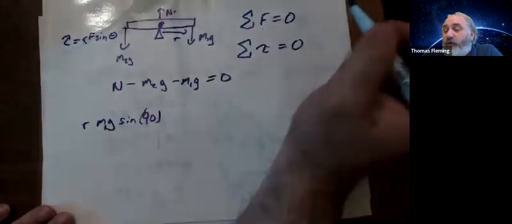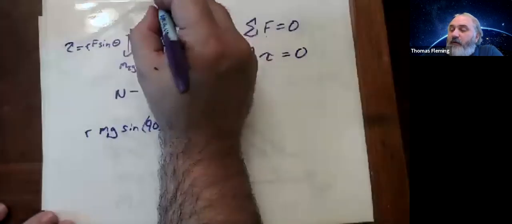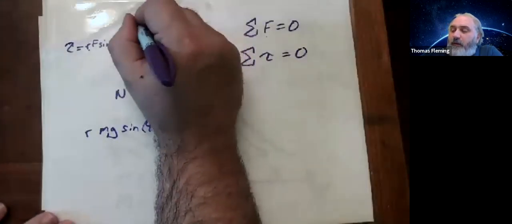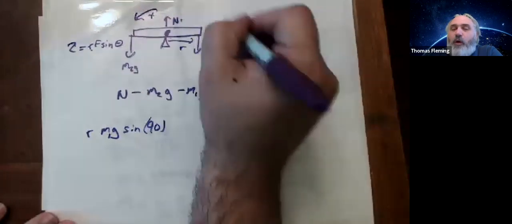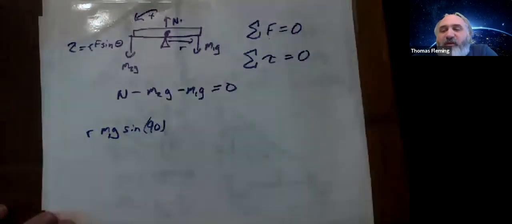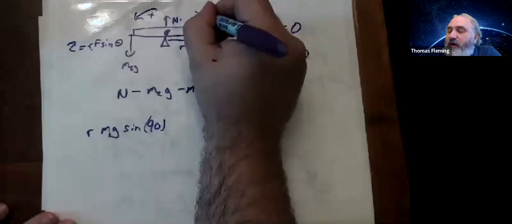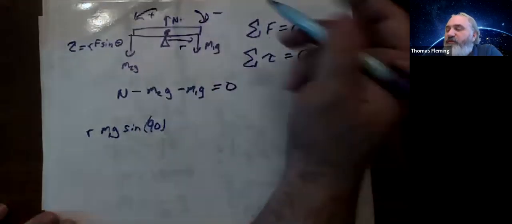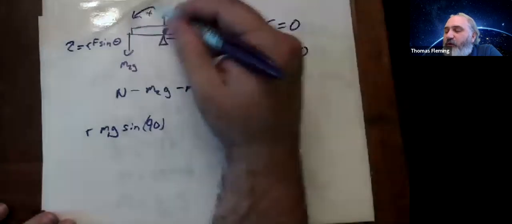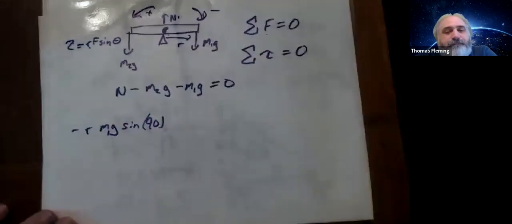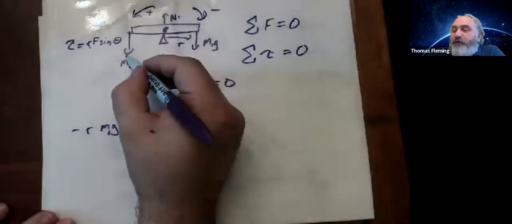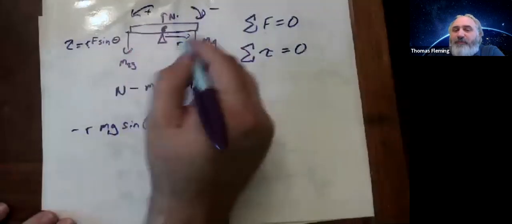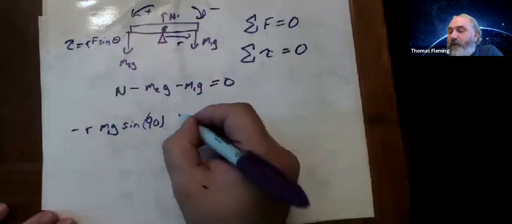Now, I have to choose a coordinate system, and traditionally, things that go counterclockwise are positive, and things that go clockwise are considered negative. In math, that's how they usually do it. So in this case here, this guy would make it want to rotate counterclockwise. I'll slap a minus sign on it. Meanwhile, this guy over here makes it want to rotate clockwise. That's the opposite direction. So that's positive.